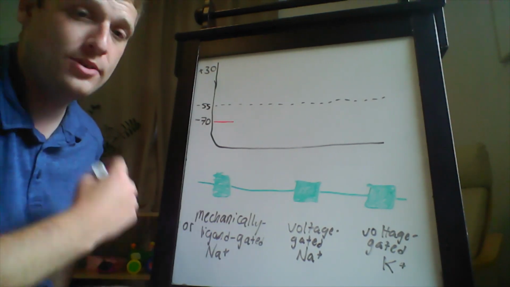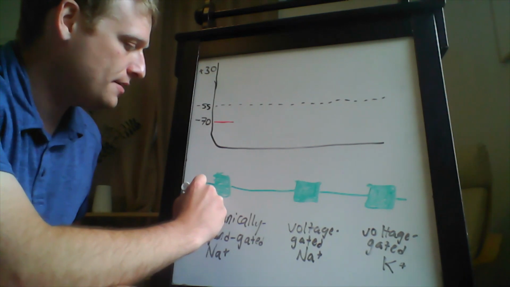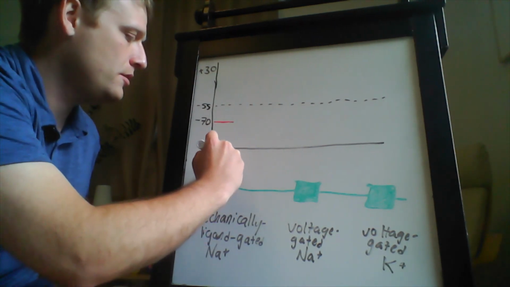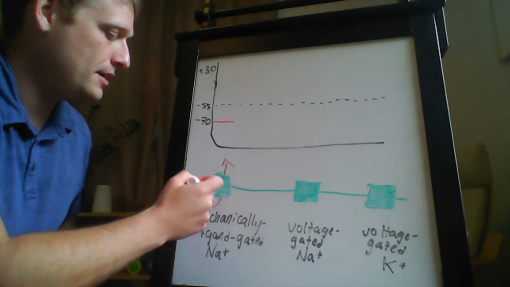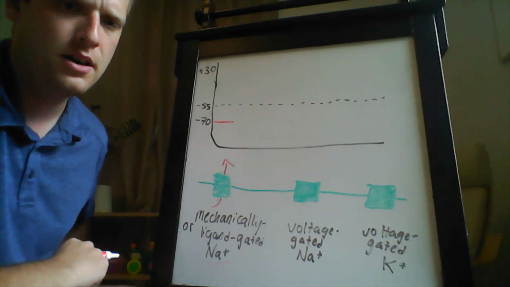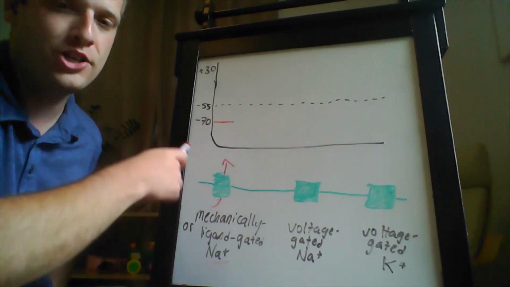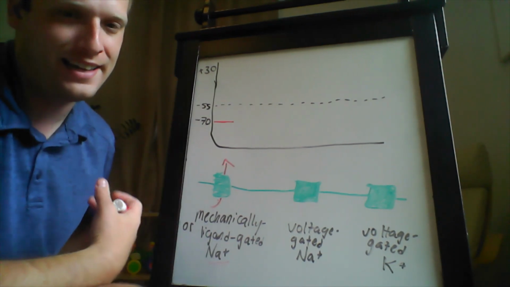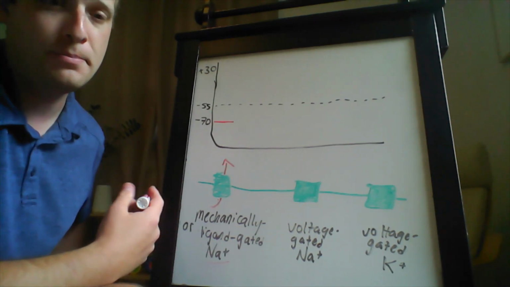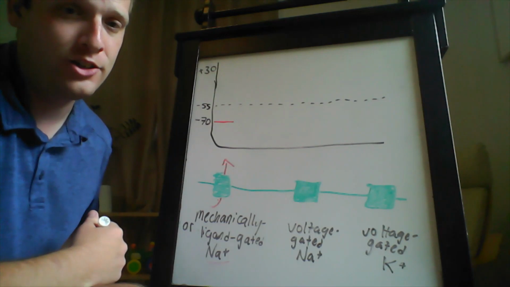Those stimuli cause these gates to open up, and positive sodium ions are going to rush into the cell, because the cell is negative on the inside because of the activity of those sodium-potassium pumps and the leak channels.